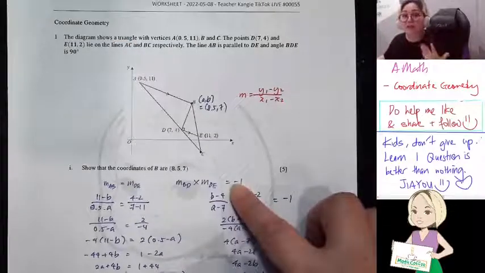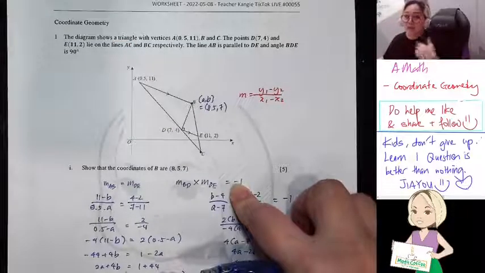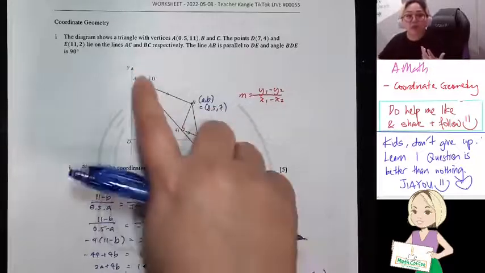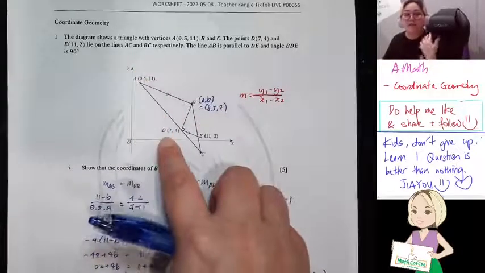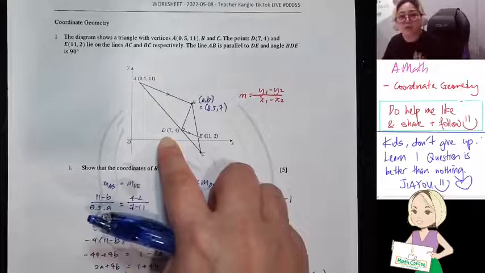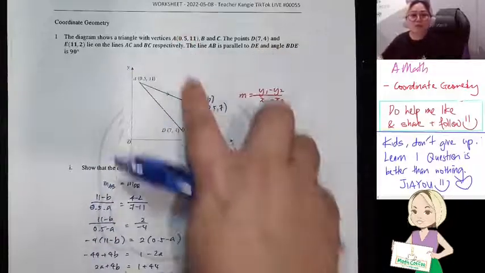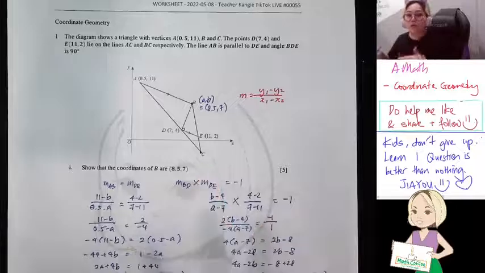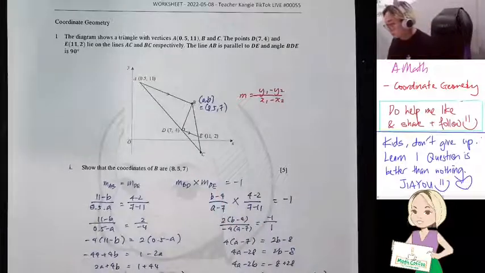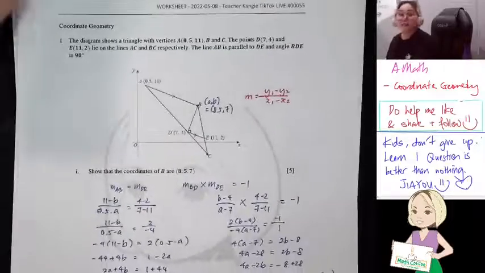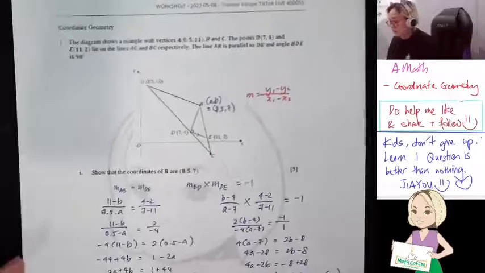Am I able to find the equation of the line AC? Actually, yes, again, because point D is also on this line. I have A, I have D. Same thing, I can find my gradient. I can find the equation of the line. So now my next task is to find equation of AC, find equation of BC, and do simultaneous. It's very tedious. Yes, it's tedious. But this is how you do coordinate geometry.